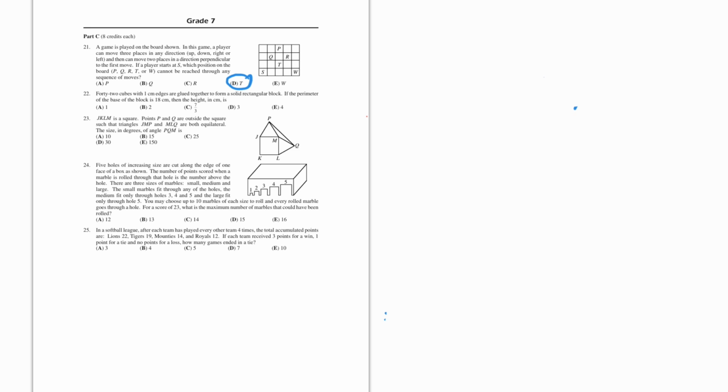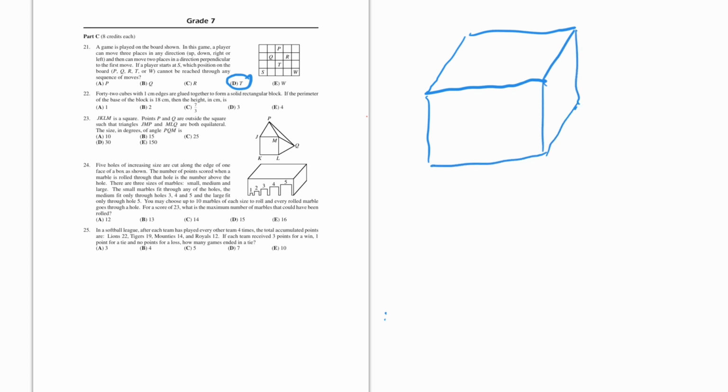If the perimeter of the base of the block is 18 centimeter, then the height in centimeter is, first let's draw the rectangular prism. Length here, the width here, and the height is here.